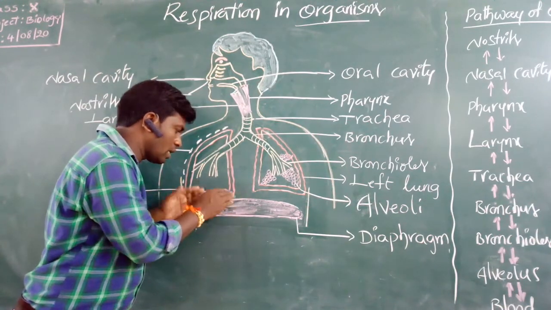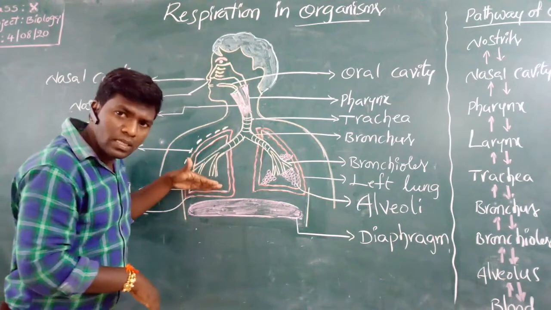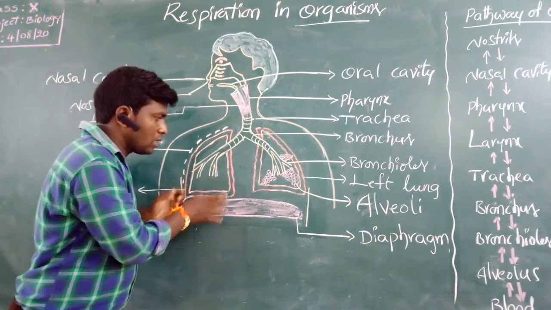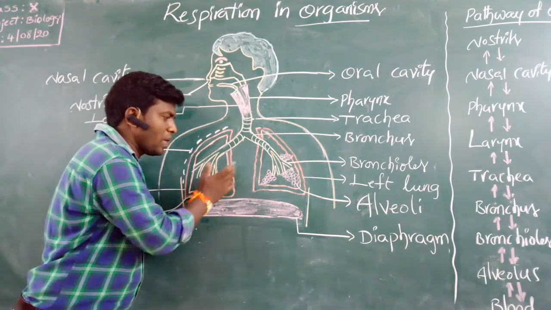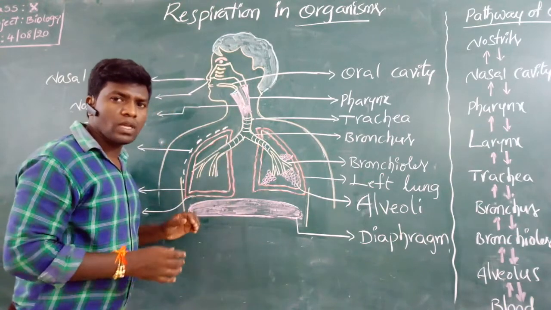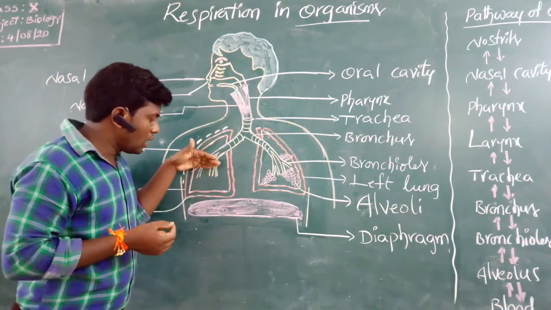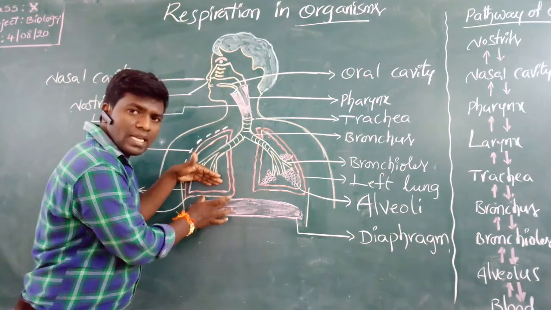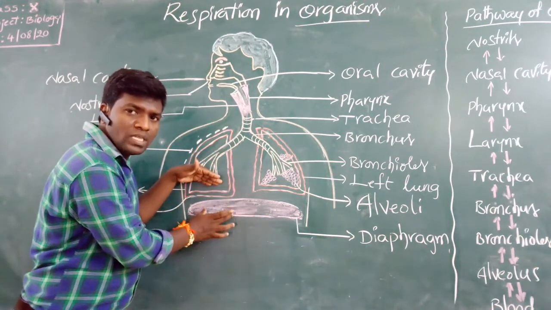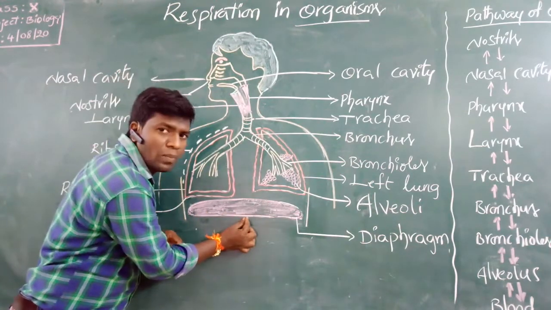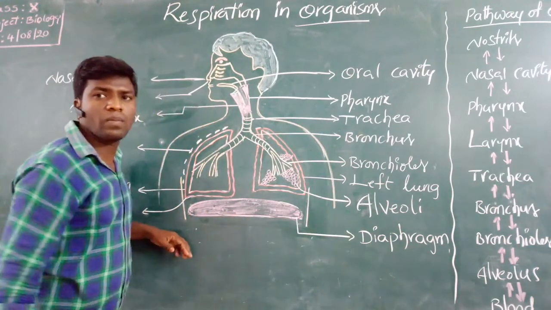For example, just imagine these two are balloons. If you are filling the balloons with air, as the balloons' volume increases, the diaphragm moves downwards.